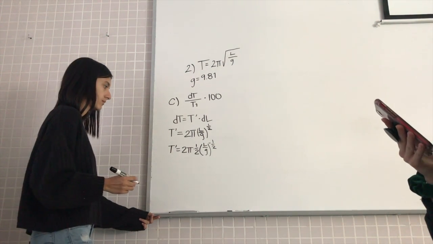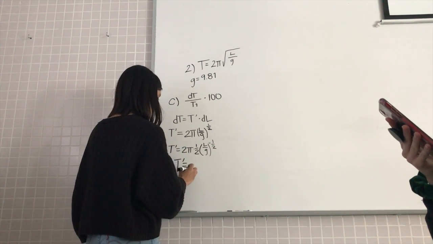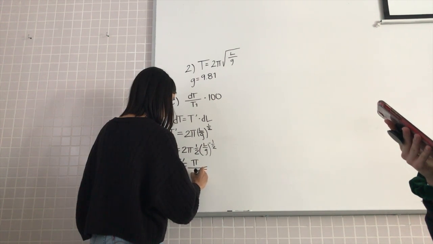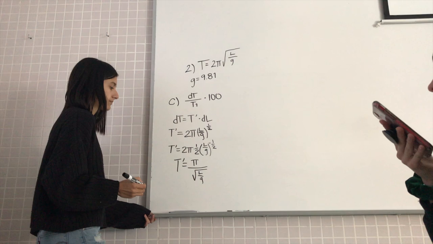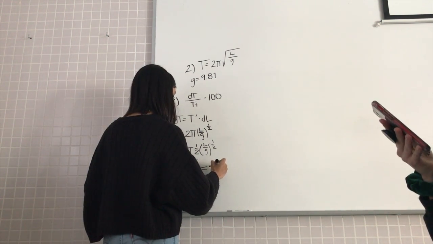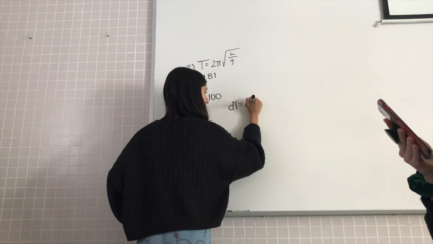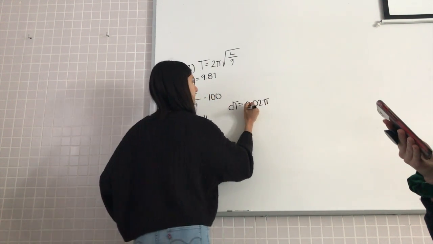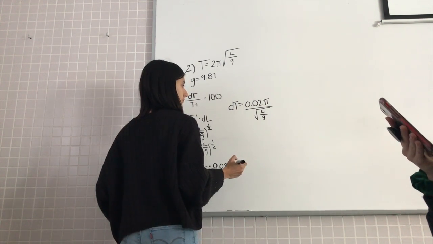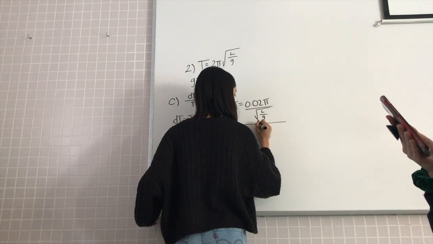Then you are able to simplify this and find that T prime is equal to pi over square root of L over G. Then you multiply it times dL, and we know that dL is 0.02. This gives you that dT is equal to 0.02 pi over square root of L over G. All of this you have to divide by T1, that is 4.012.